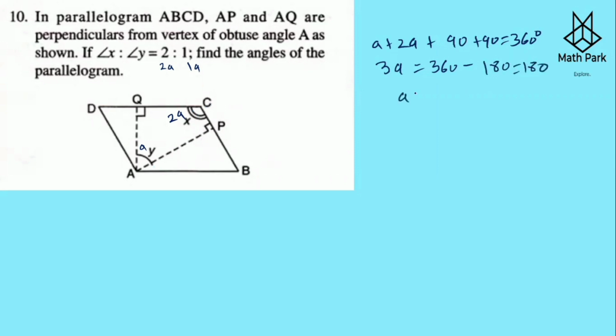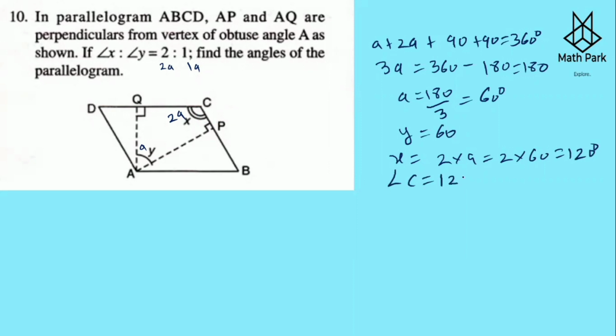So A is equal to 180 divided by 3, that is 60 degrees. So the value of Y is 60 degrees, and the value of X, which is 2 times A, is 2 into 60, that is 120 degrees. So angle C is equal to 120.